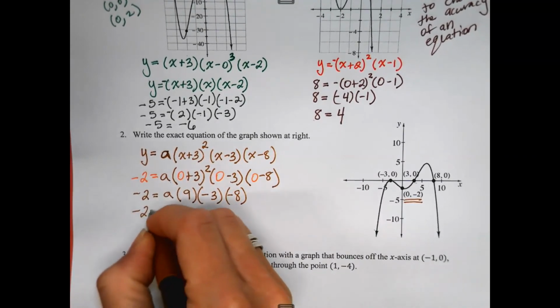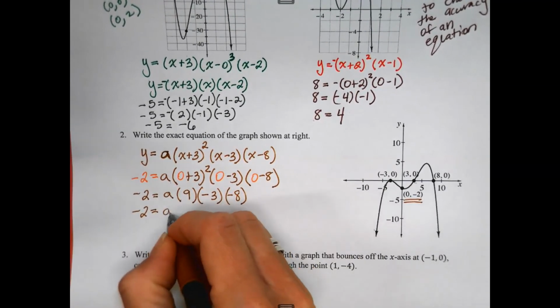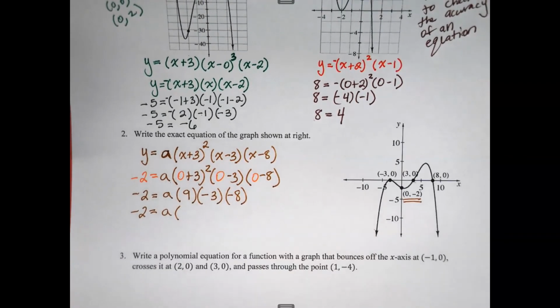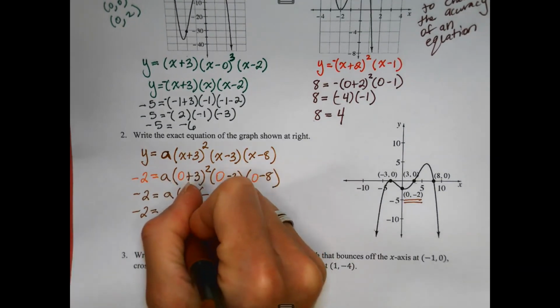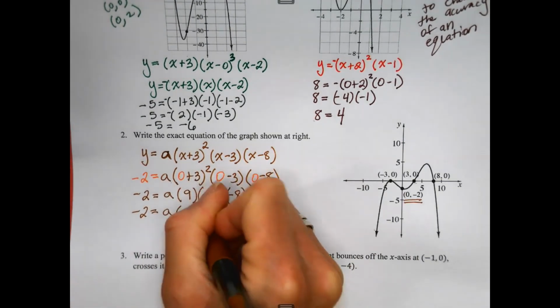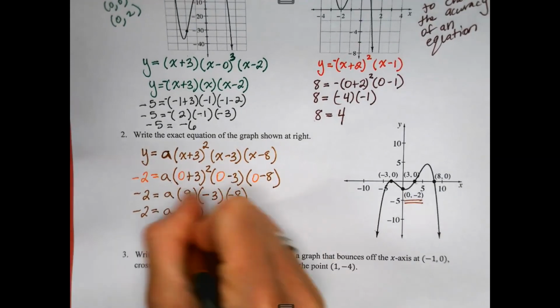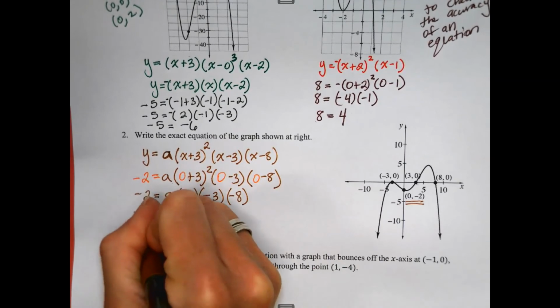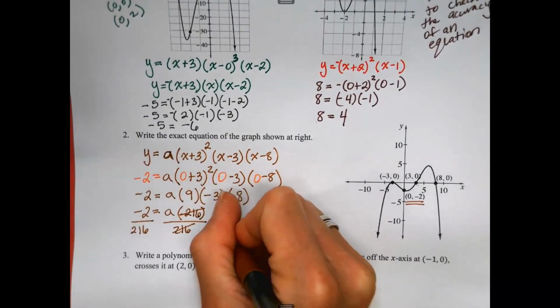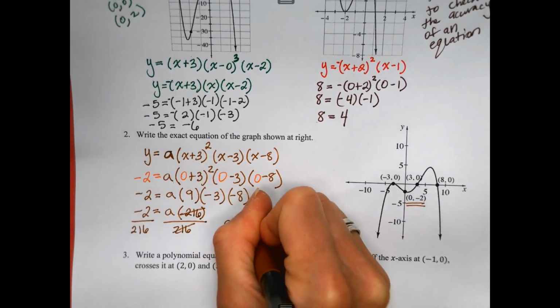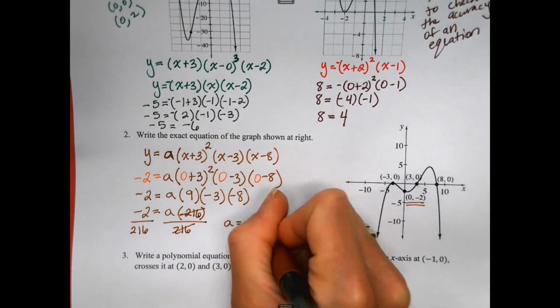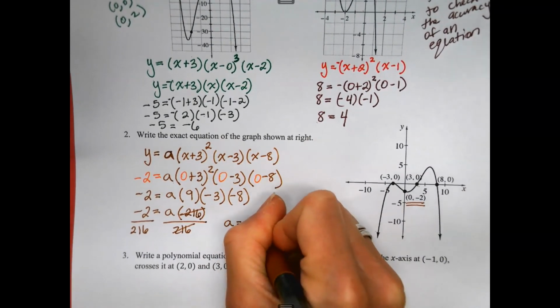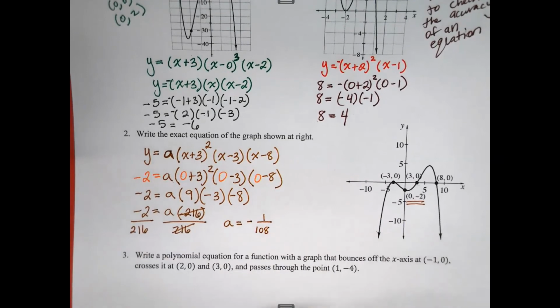Or -2 is equal to a times 9 times 3 times 8, which is going to give us 216. And then we will divide both sides by 216 to find out that a is equal to -1 divided by 108, because both of those are divisible by 2.